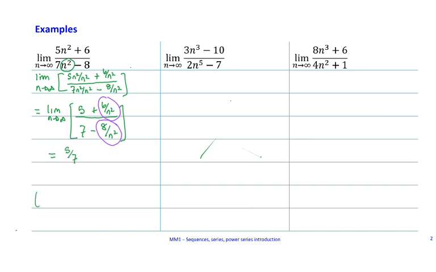So this is dividing through top and bottom by n squared. This only works if you've got fractions, okay, to use this method. If you've just got one line of an equation, dividing each term by n squared won't actually help you much, okay?